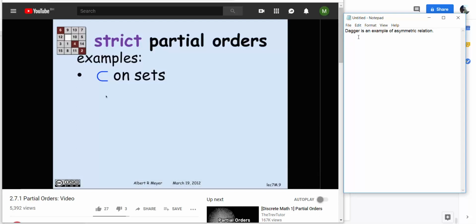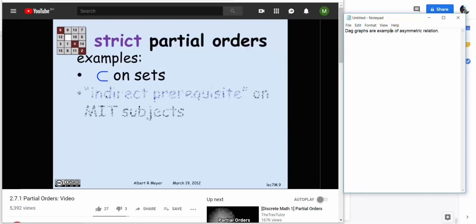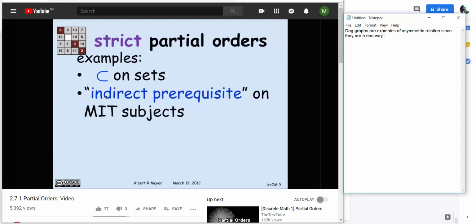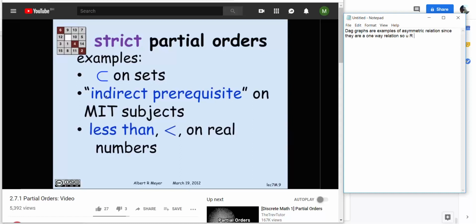If one set's properly contained in another, the second can't be properly contained in the first, because proper means you have something extra. The indirect prerequisite relation on MIT subjects is another example: if I'm a prerequisite of you, you can't be a prerequisite of me. And finally, the less than relation on real numbers. These are all examples of strict partial orders.